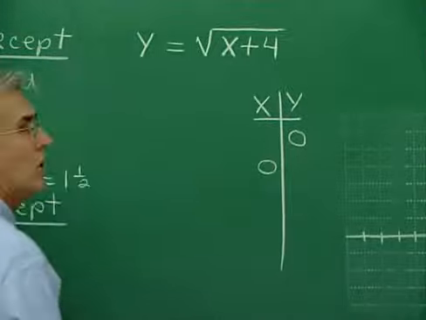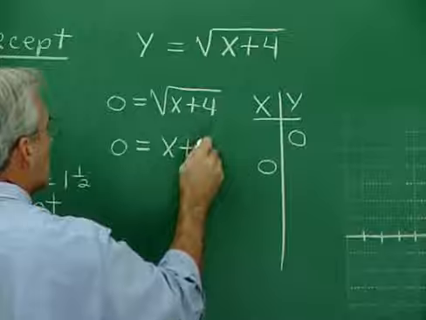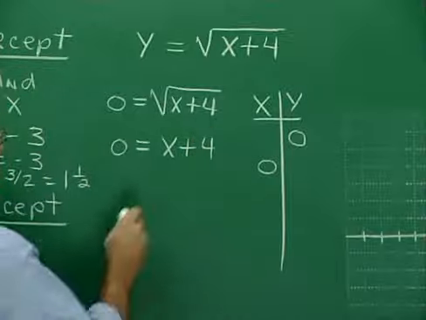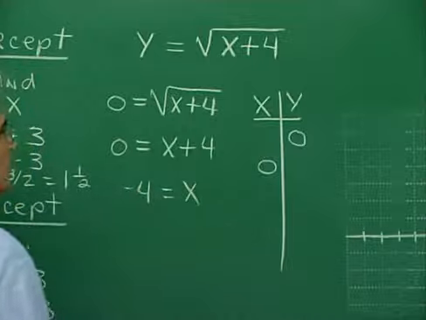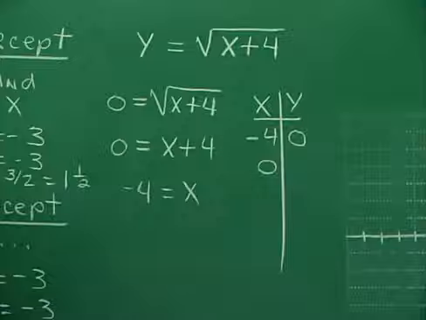We have 0 equals the square root of x plus 4. Now we have to solve this. Well, squaring on both sides will undo this radical. When we square over here, we get 0. When we square on the right, we get x plus 4. Subtracting 4 on both sides, we find negative 4 is equal to x. So when y is 0, x is negative 4, our x-intercept.